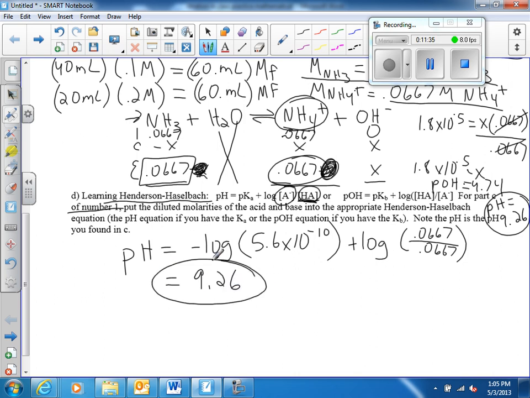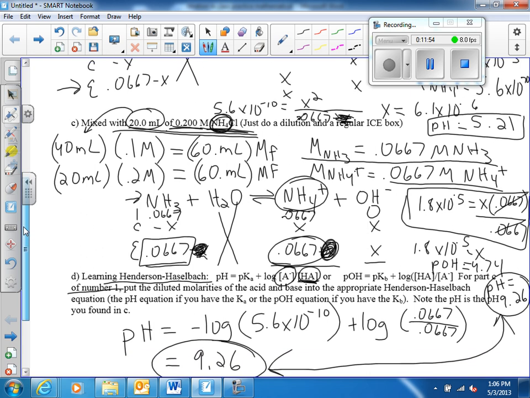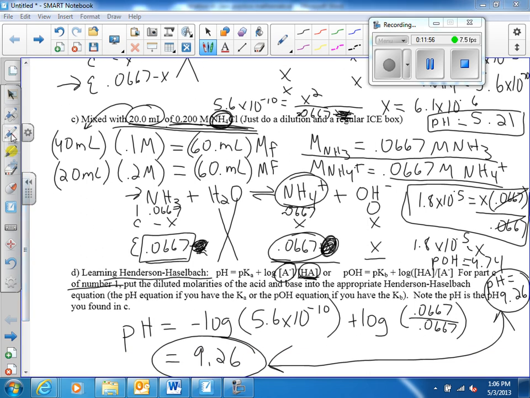The Henderson-Hasselbalch equation comes directly from solving this equation right here. If you actually take the log of both sides of that equation, you get the Henderson-Hasselbalch equation, which is why you get the same pH. So if you ever are doing an ICE box where you have both a weak base and a weak acid present, you don't even need to do an ICE box, you just go straight to Henderson-Hasselbalch.